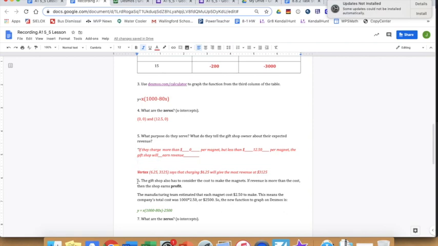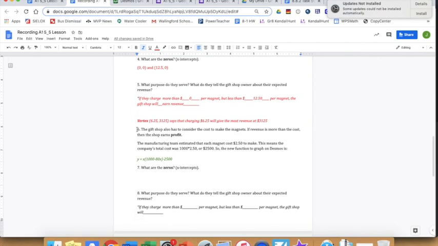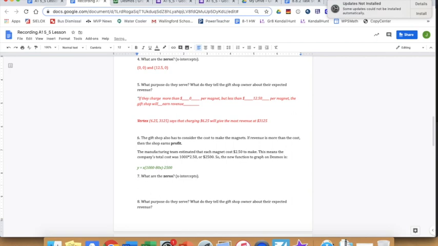Okay, so then, other things to consider. The gift shop also has to consider the cost to make the magnets. Magnets don't grow on trees. That would be weird. The gift shop has to consider the cost. If revenue is more than the cost, if they make more money than they lose, then they earn what's called profit, which is really the goal.